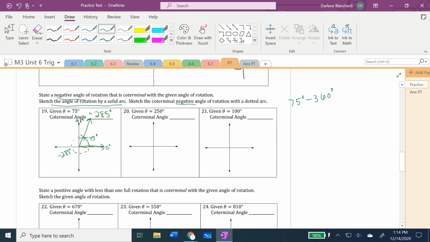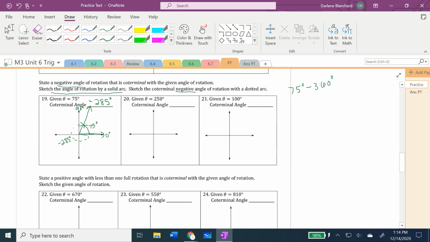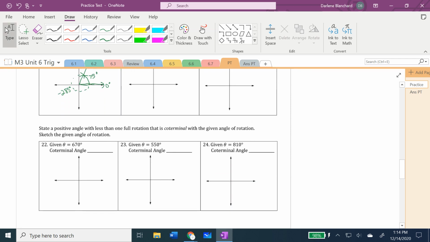And then 20 and 21 are similar. I'm going to do 24 with you. With 24, you're trying to find the coterminal angle that is positive and less than 1 full rotation. In other words, between 0 and 360. So I want to take 810 degrees and subtract 360.